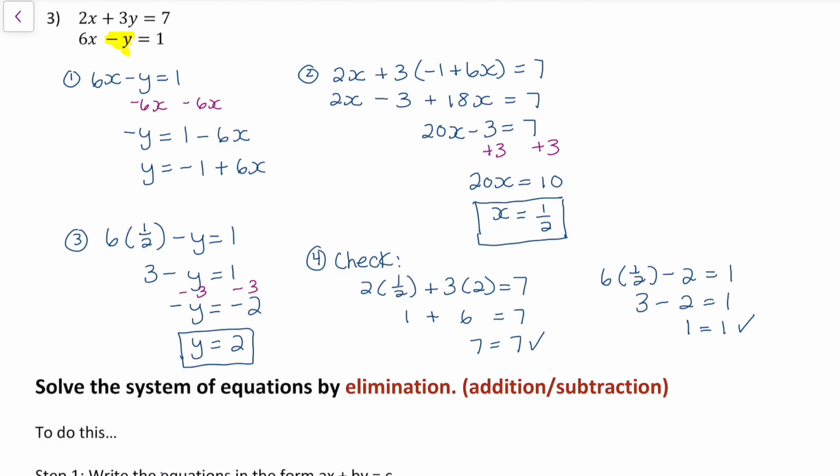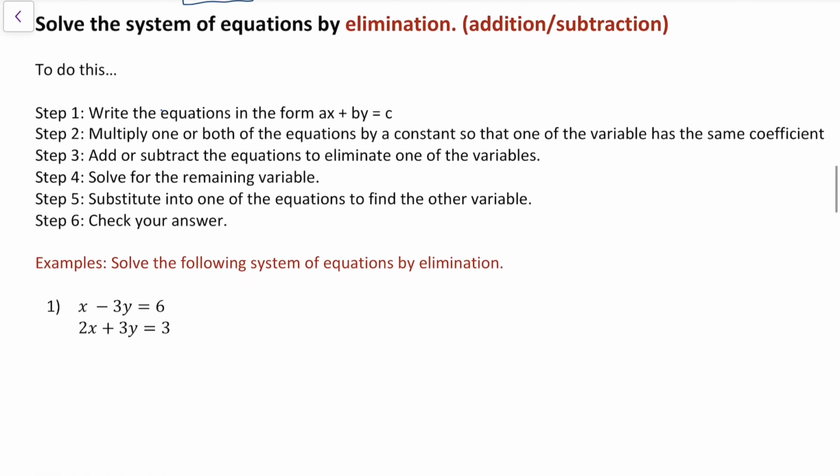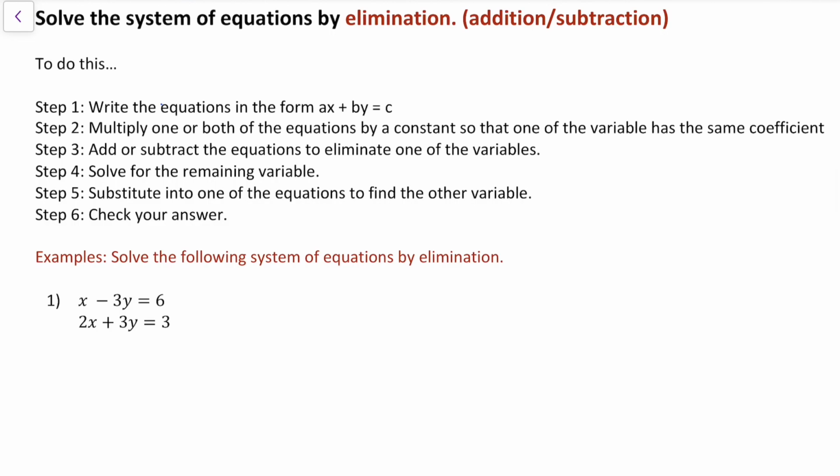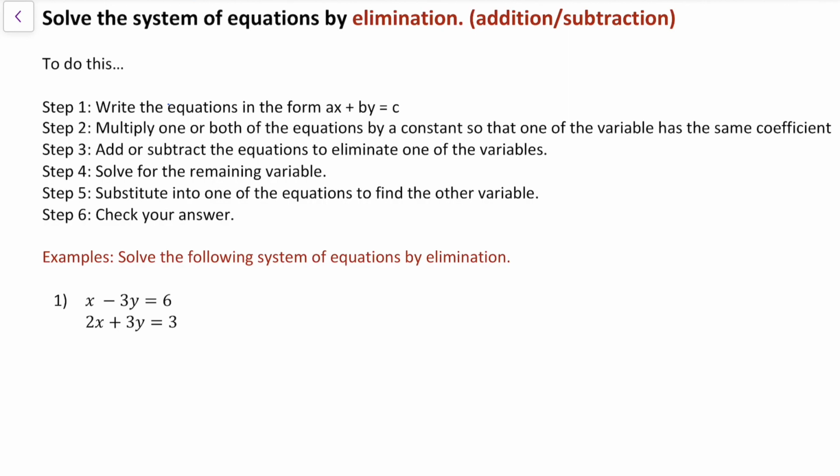Okay, the other way we can solve these is by using elimination. So it's a slightly different method than using substitution. When we're using elimination, what we want to do is first make sure our equations are in standard form, so in ax plus by equals c form.